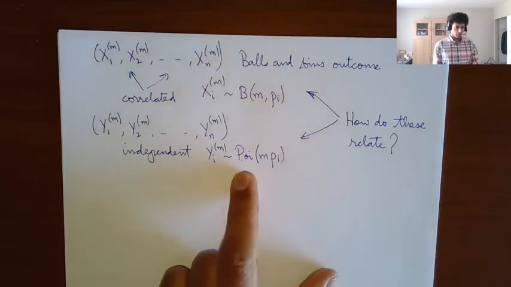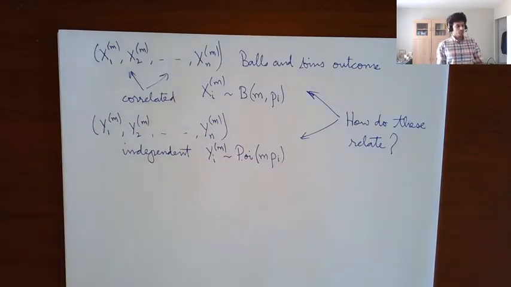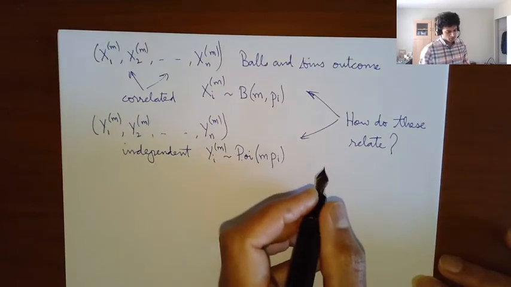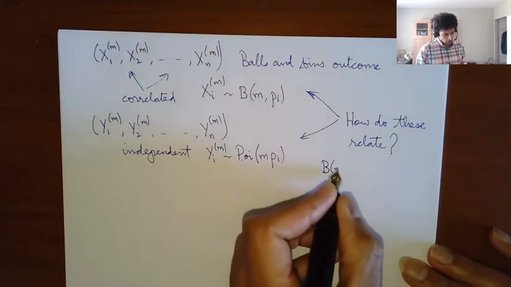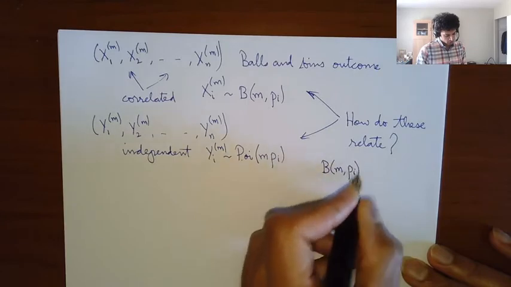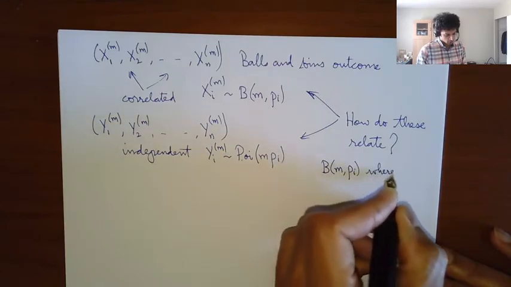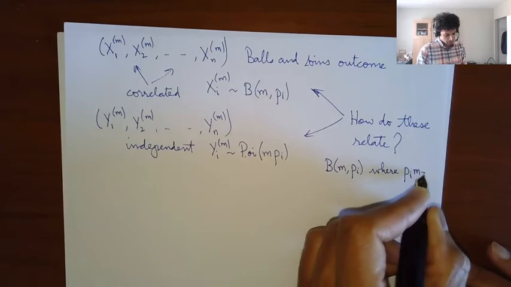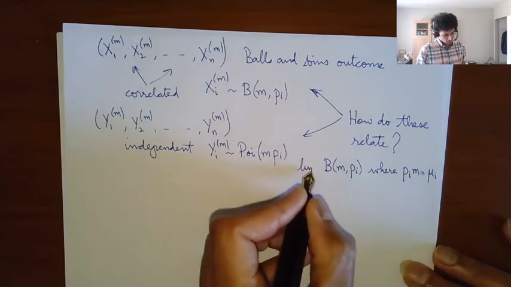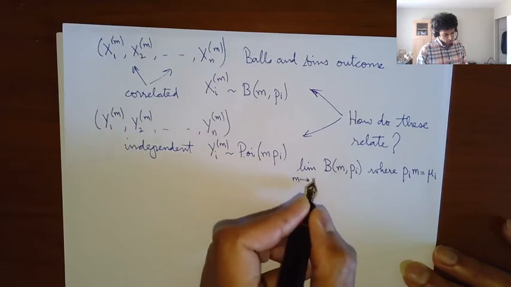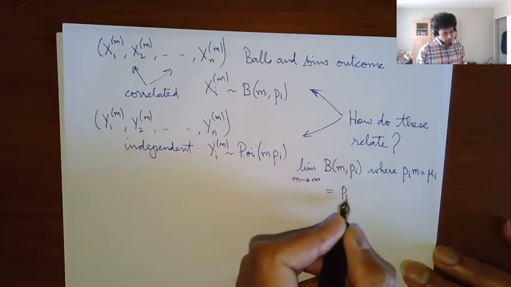And of course, that is the only similarity. But another thing to note is that when you have a binomial(m, p_i) where, let's say, p_i m is fixed to some mu_i, and you take the limit as m goes to infinity, this limit is actually the Poisson.